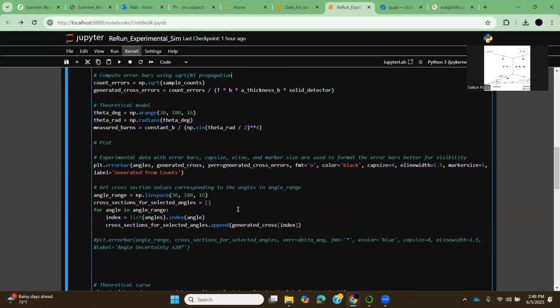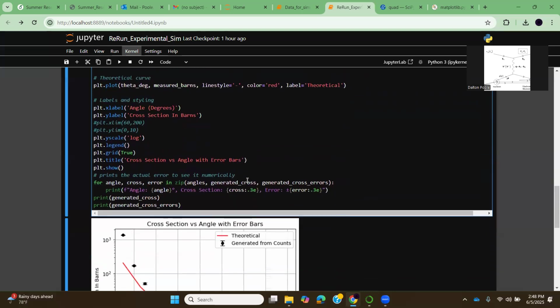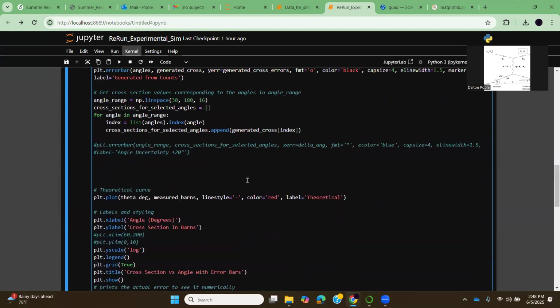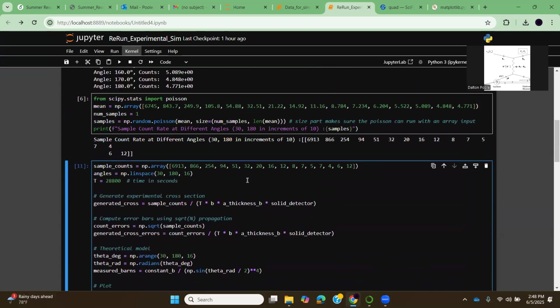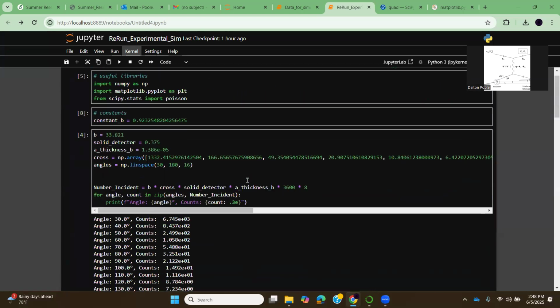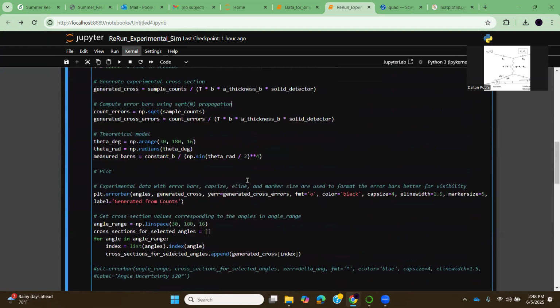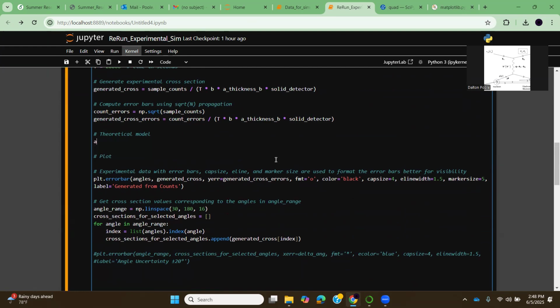So the first thing that he wanted me to do was, for our theoretical model, actually just code in the average cross section that I calculated, which I can do because I have it up here. So for my theoretical model, I'm just going to do average cross section.